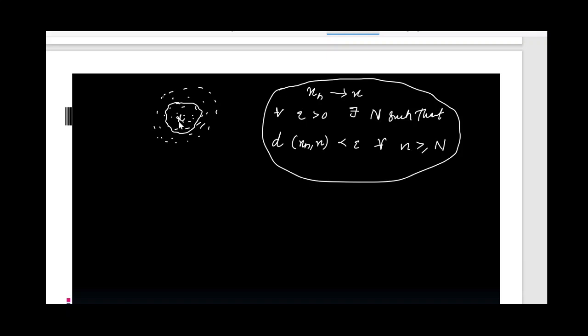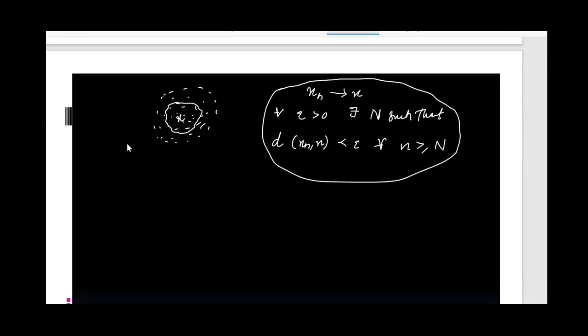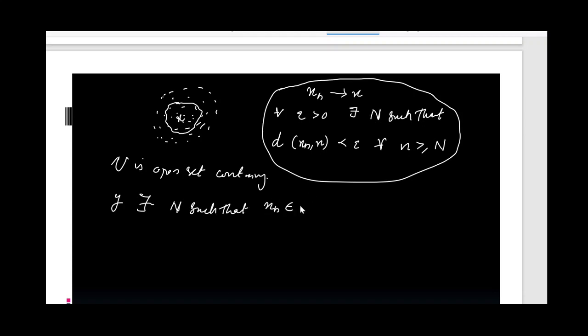Now, if that topology element U contains the element x, then there exists a positive integer N such that for every integer n greater than or equal to N, xn belongs to U. So if U is an open set containing y, instead of x, then there exists a natural number N such that xn belongs to this open set for every n greater or equal to capital N. So this is the idea in topological space of how a sequence converges.